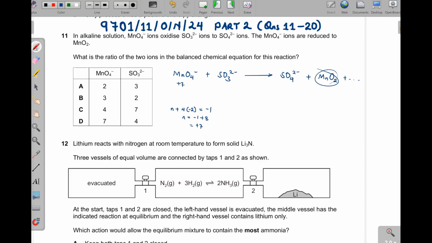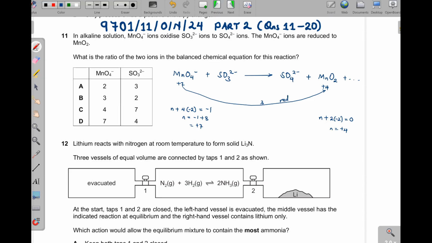And then here, what do we have? This is N plus 2 times negative 2, then is equal to 0, this one is not charged, so we equate to 0, and then N becomes a plus 4. So here I have a plus 4. So meaning from here to there, the oxidation number change is going to be a 3. It's a minus 3, but I will just write a 3.